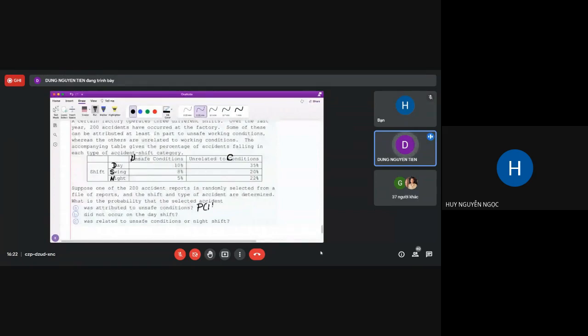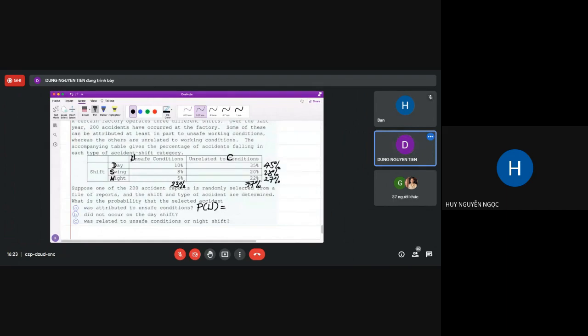Use some odd numbers here, right, to get 23%. This is going to be 77%. This is 45%. This is 28%. Then you come up with 27%.